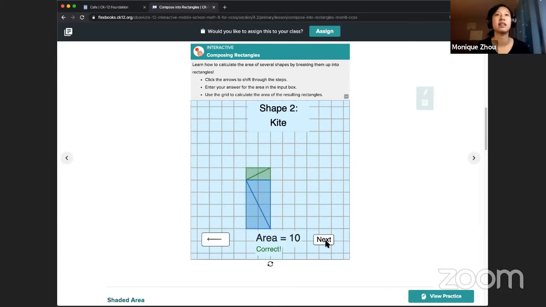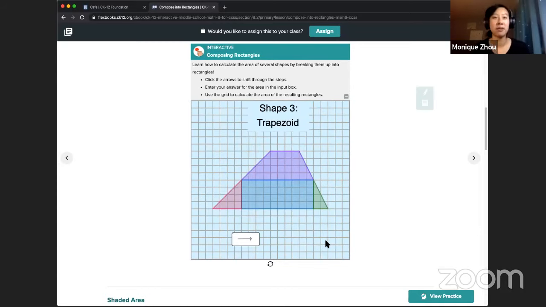All right. Now this shape is a trapezoid. I'm not going to go through this entire sequence, but you can answer for me in the cafe. How would you break apart this trapezoid in order to make it a rectangle so then we can count its area?